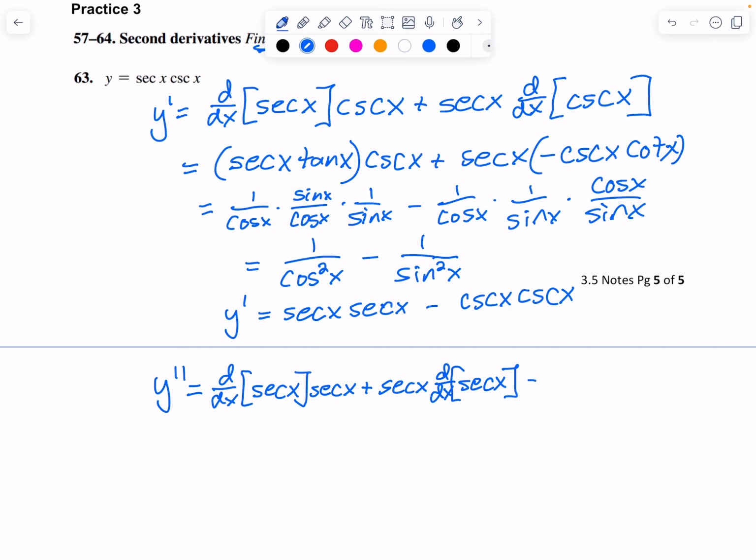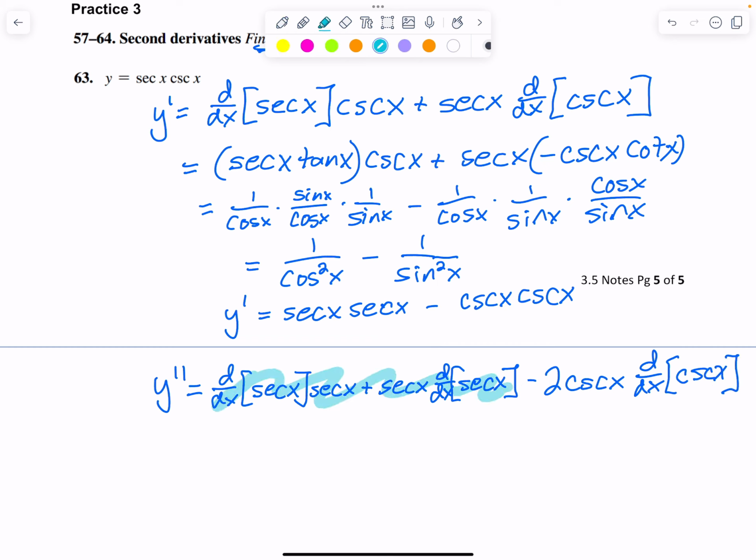So I'm going to write it like this, minus cosecant, and I'm going to put a 2 in front of it because it's going to be 2 of them, cosecant d dx cosecant. What I did is I just used the pattern that was showing itself right here, that those are the same, and they're going to become 2. So if I rewrite this, this becomes 2 secant x times the derivative of secant x, right?